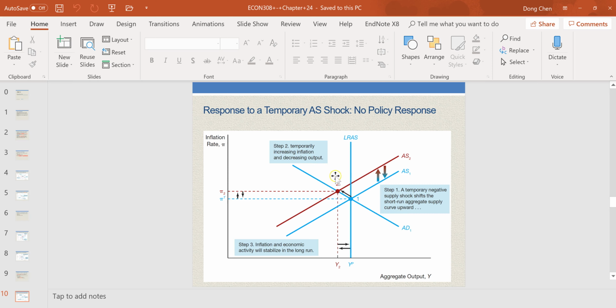The intersection between the new AD curve and this AS curve will have a higher output compared with point 2 here. That's how they can stabilize economic activity. But you can see that when they do that, the inflation goes even further up, so they cannot stabilize inflation at the same time.